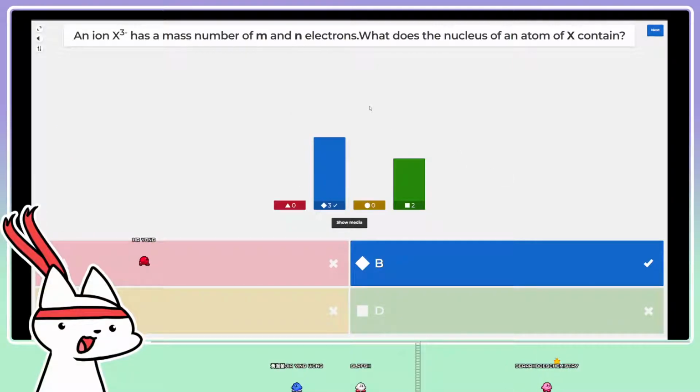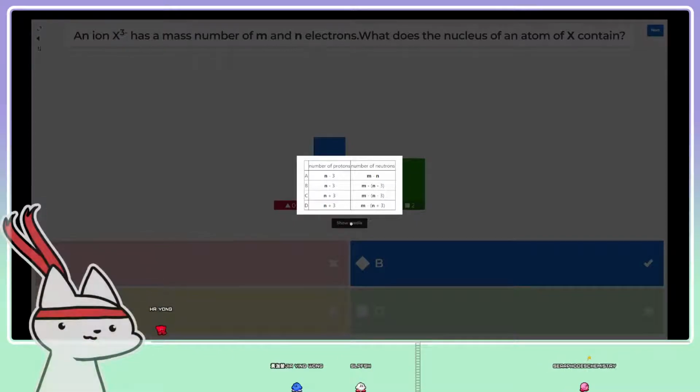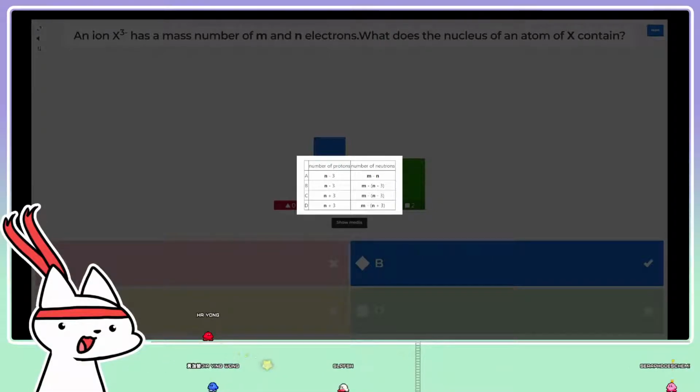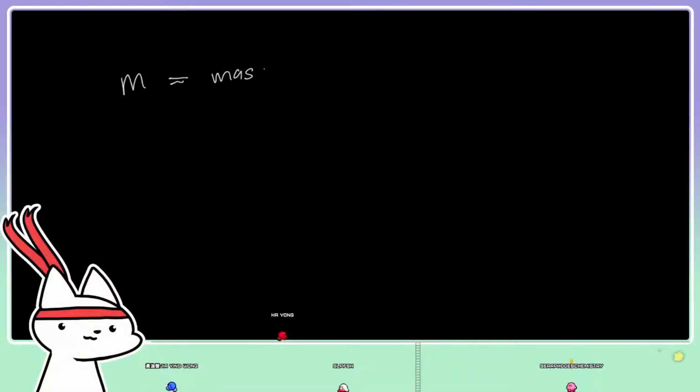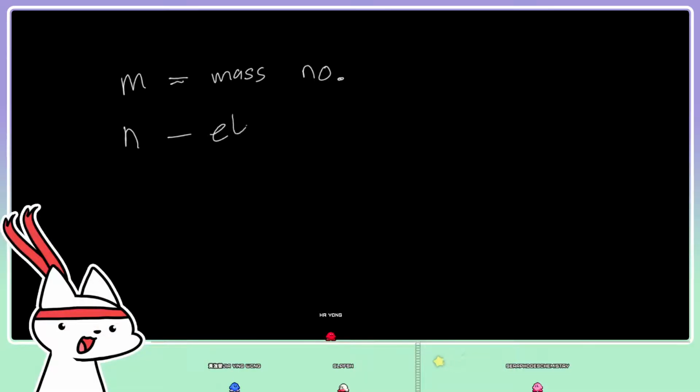Looking at this question, always start by asking what's the charge and what's the number of protons. They tell you that M is the mass number, and N is the electron number.